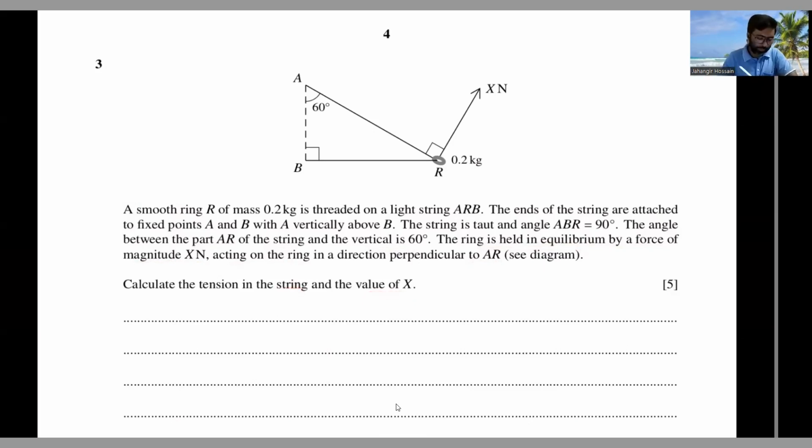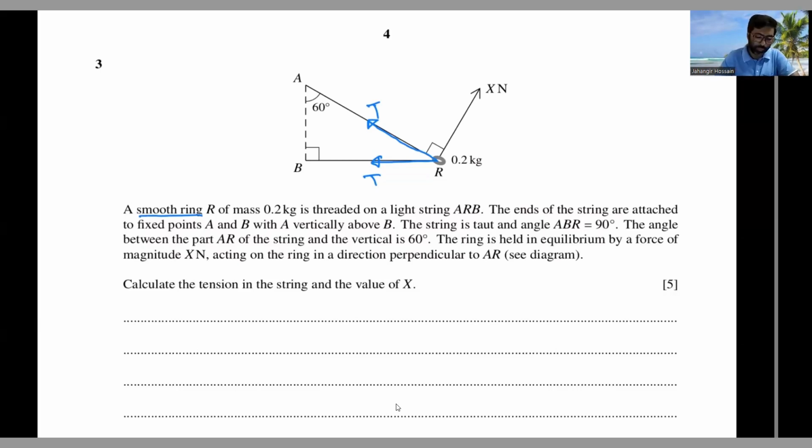Now the thing is, since the ring is smooth and the string is taut, on both segments of the string the magnitude of tension will be the same, because the ring threaded on the string is smooth.